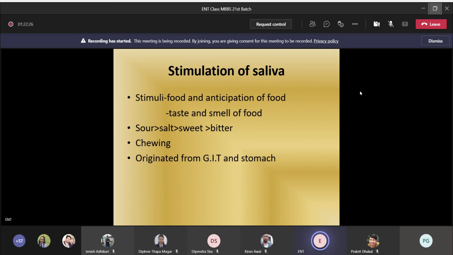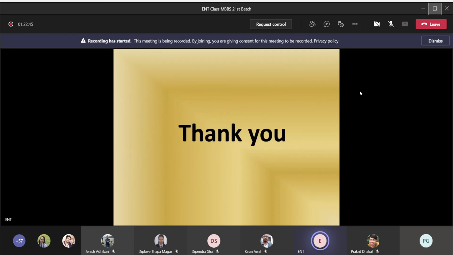And chewing causes stimulation, and stimulation also originates from the GI tract and the stomach. So these are the stimulations, mainly from the food and anticipation of food, the nature of the food, chewing, and the GI tract.